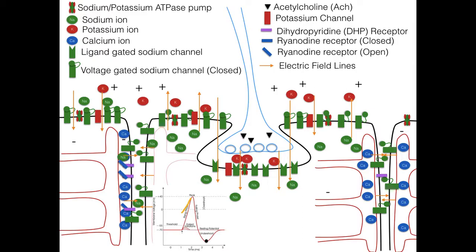So this wave of switching electric fields, weakening and then reversing to the opposite direction, that's what's flowing down and across the sarcolemma. That's what the action potential is.